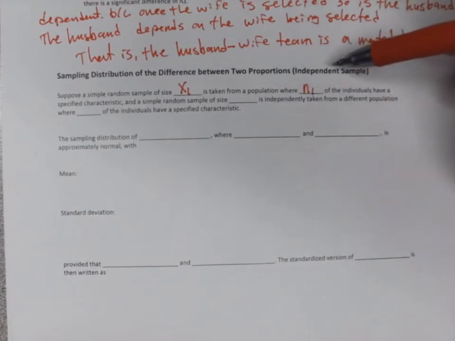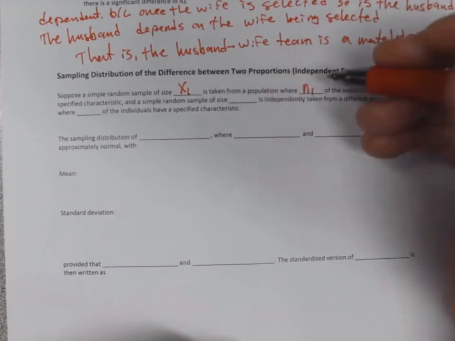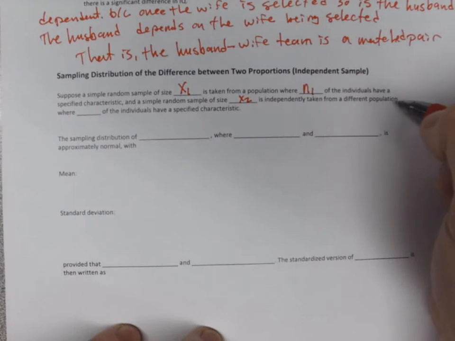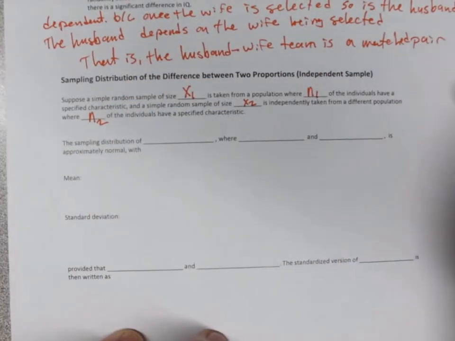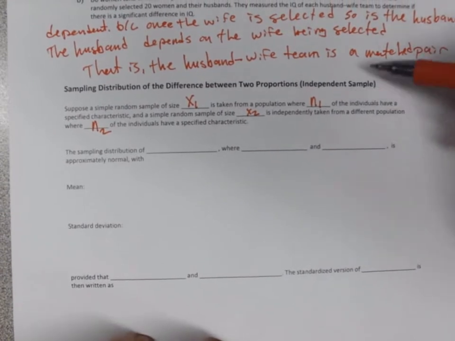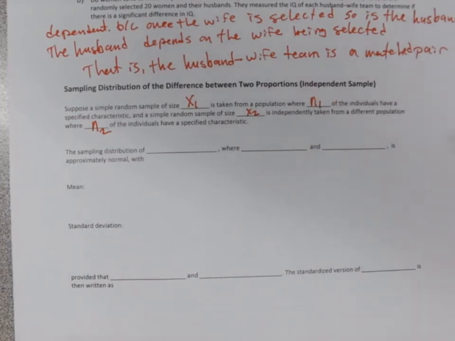That's what this x1 and n1 would represent. And a simple random sample of size n2 is independently taken from a different population where x2 of the individuals have a specified characteristic. That would be the 300 enrolled in the online math course. So that's how we will start labeling these things.